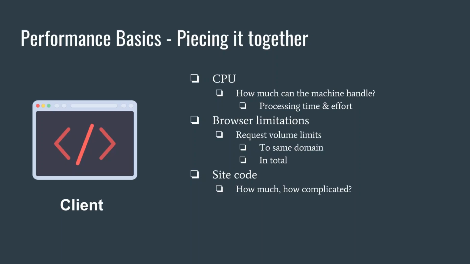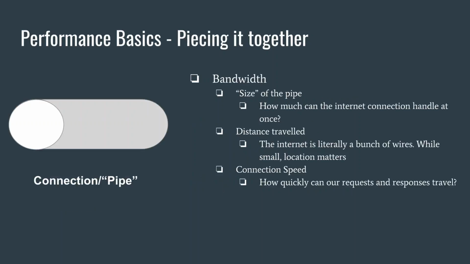Now, in the middle of that infrastructure is the actual connection or the pipe, so the internet. The biggest factor on the connection and the pipe as it relates to performance is the bandwidth. You can think of bandwidth as the size of that pipe. So how much can the internet connection handle at once?